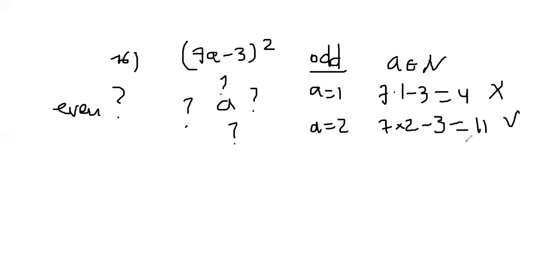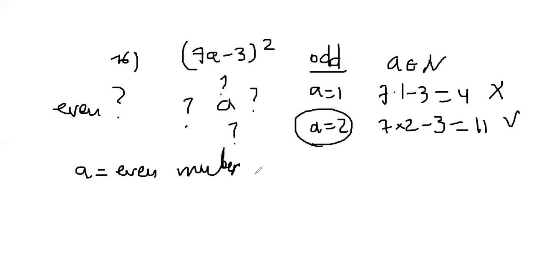So we get odd when a is even. We get to the conclusion that a is even, and we can take any even number, for example 2 or 4. So let's take 2 and check the answers.